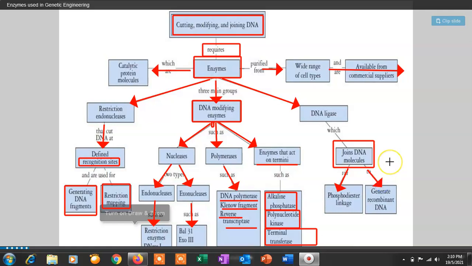So in one DNA molecule we can insert a fragment of another gene, and these genes are joined with each other using DNA ligase enzymes.